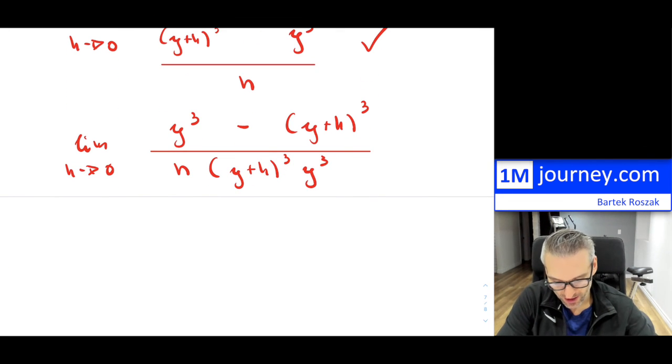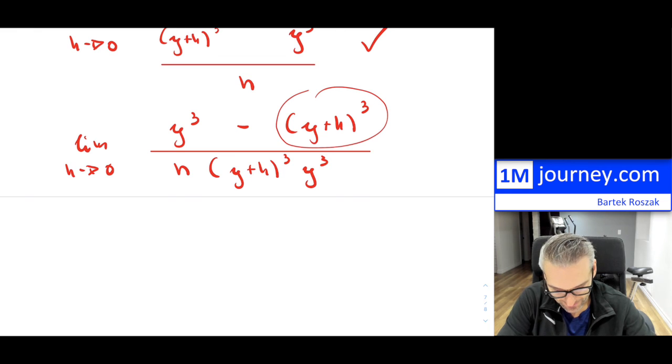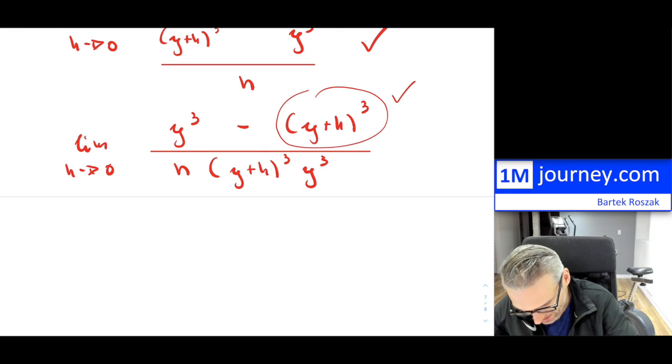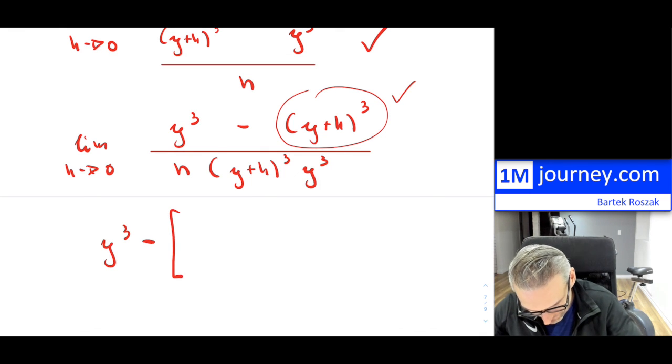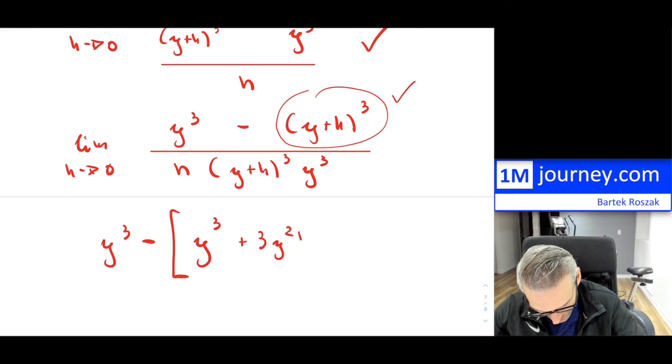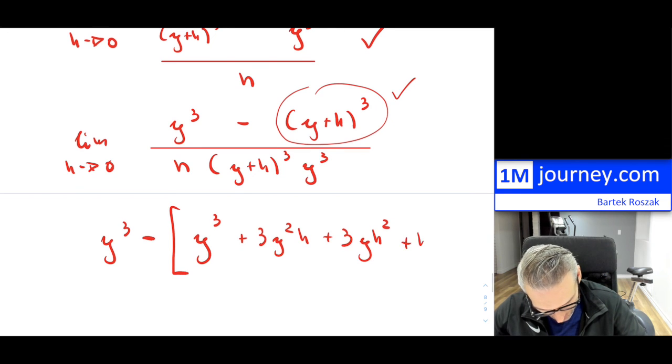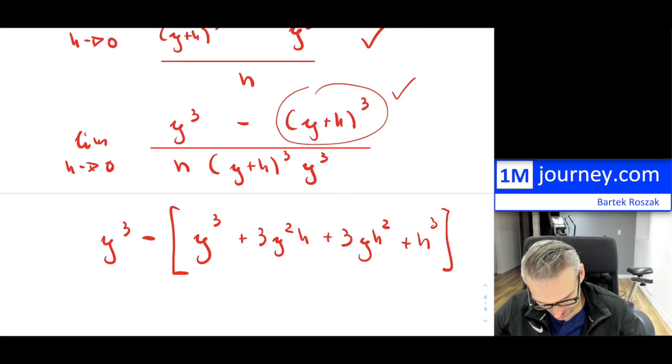Now this is going to be annoying, because I have all of this junk. So let me just do the expansion. I'll use binomial expansion because it's cubed. So we will have y cubed minus, and then this is going to be y cubed plus 3y squared h plus 3y h squared, and then plus h cubed.